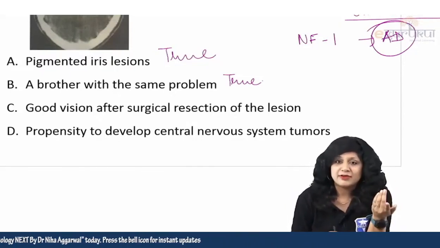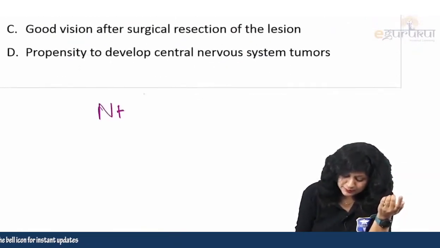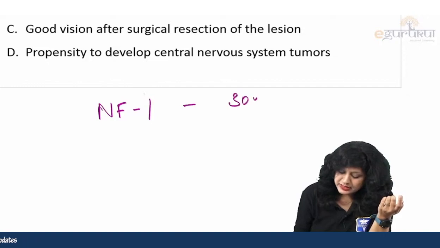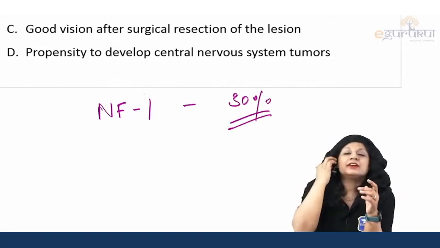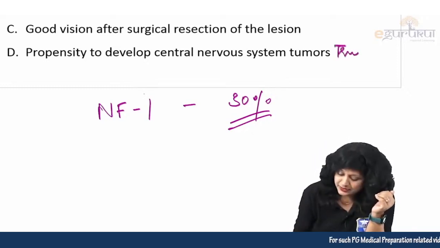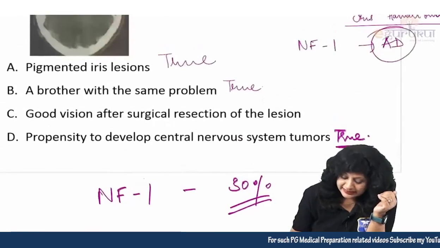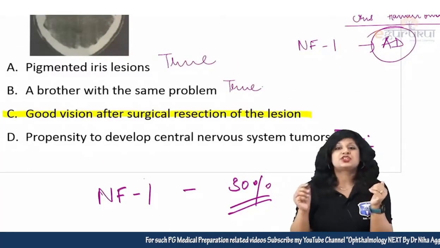This is again a fact: about 30% of patients with neurofibromatosis 1 will develop optic gliomas, and they also have the propensity to develop CNS tumors. So this statement is also true. So the most unlikely is option number 3, good vision after the surgical resection of the lesion.